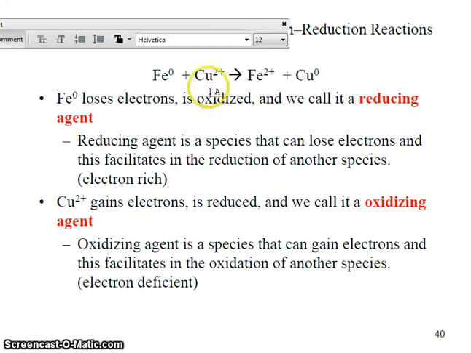Also realize Cu2+ is what goes through reduction. So we are going to call the Cu2+ an oxidizing agent, and an oxidizing agent is a species that can gain electrons and facilitate oxidation of another species. These in general are going to be electron deficient. They will have a greater amount of positive charge to begin with.